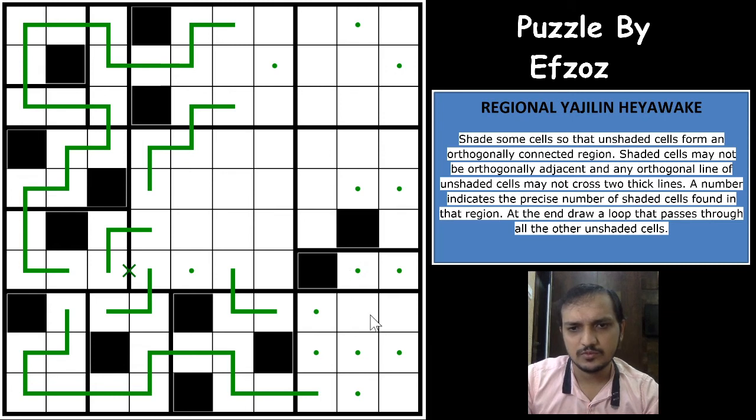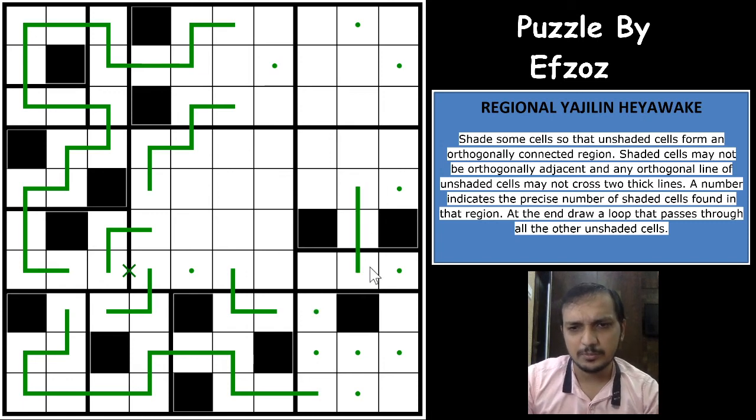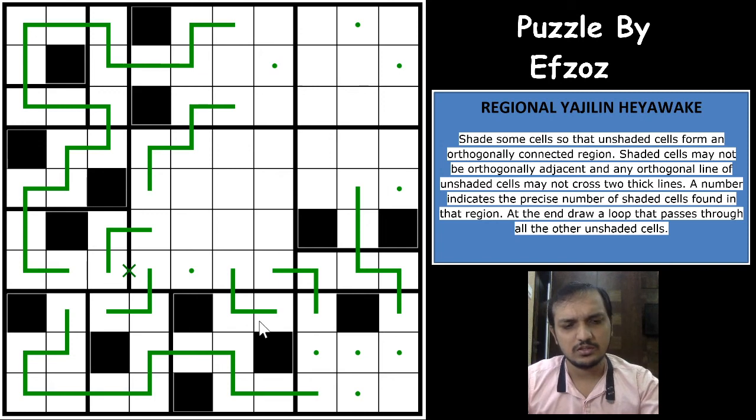So if you have this way, possible, this way, okay, this way is not possible, I think, because what happens here is again, okay, it is possible.